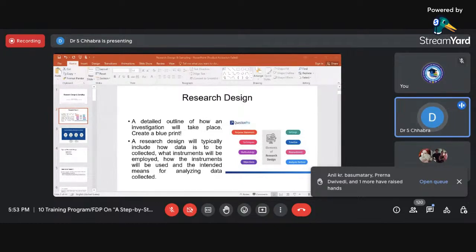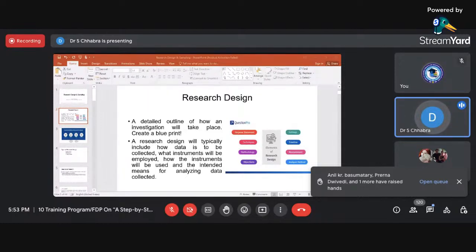Point number two is that you can take up one of your objectives and tweak it a little bit. Like work life balance, and a difference between, obviously we will come to that example in research design, a cross sectional study between male and female. So you can pick up a very small part of it.